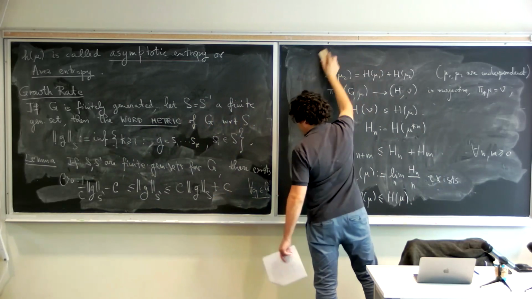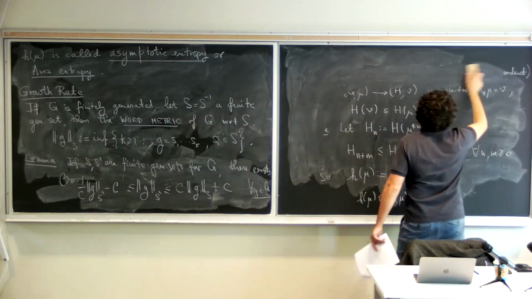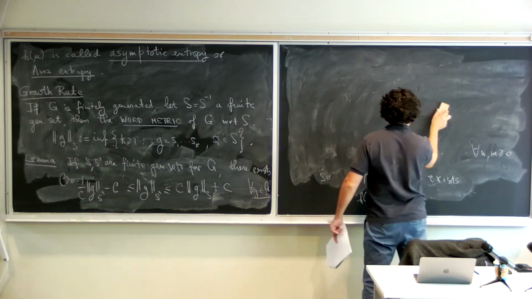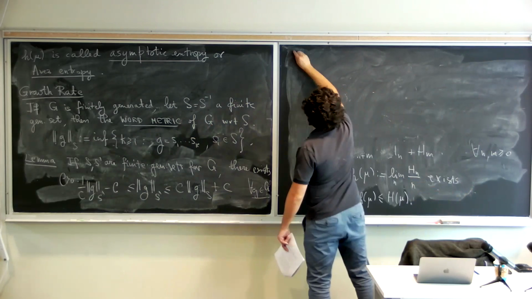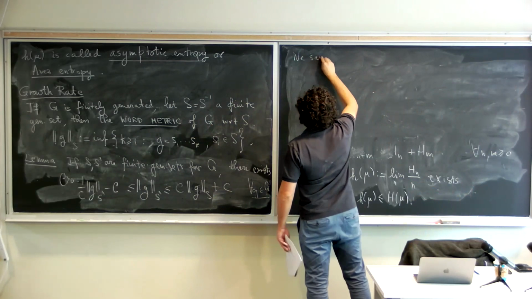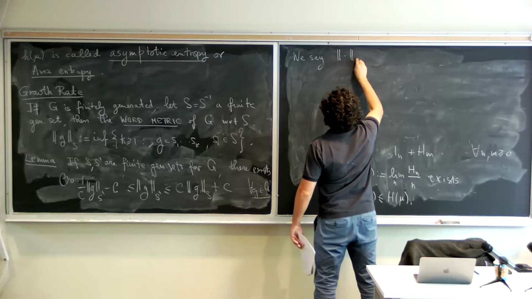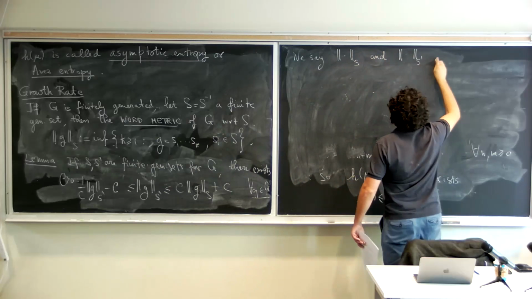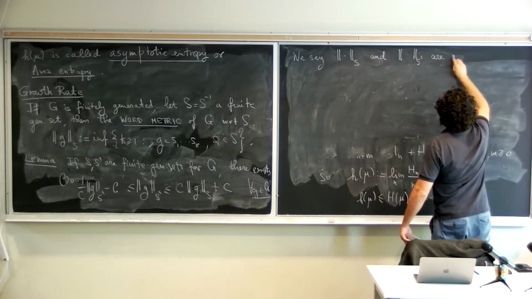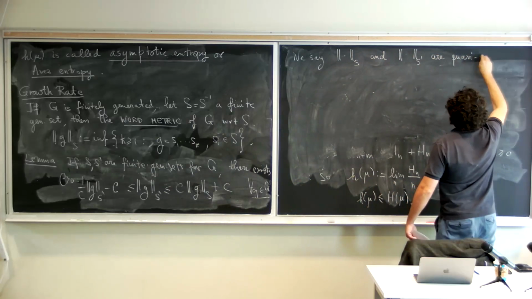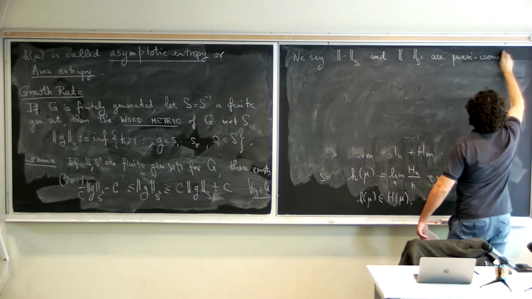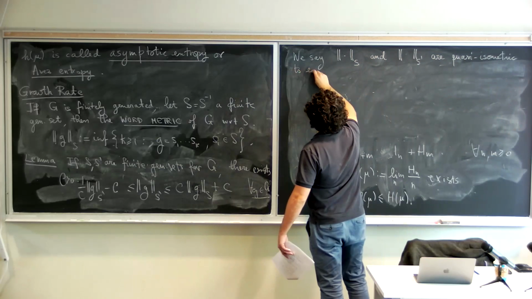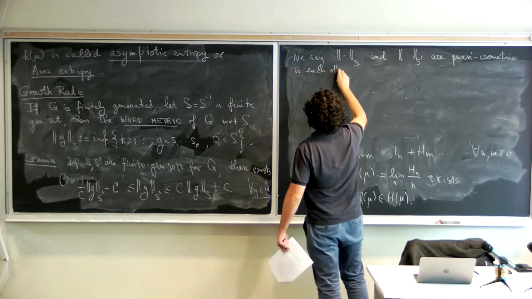In fact, we say that the word metric for S and the word metric for S prime are quasi-isometric to each other.